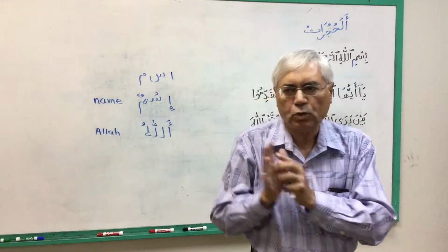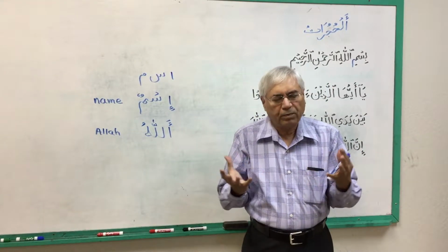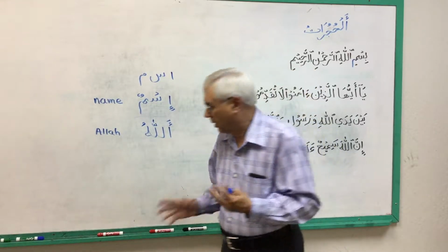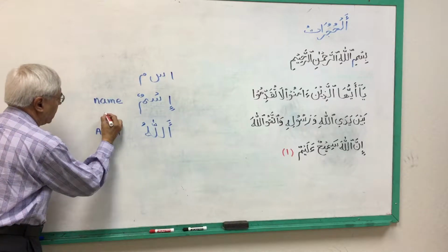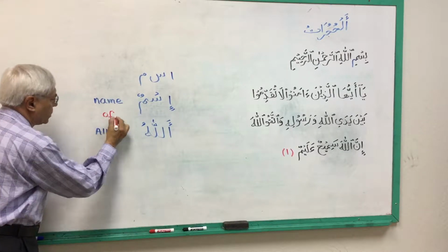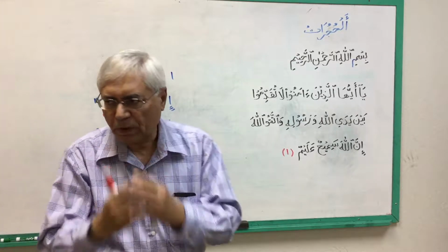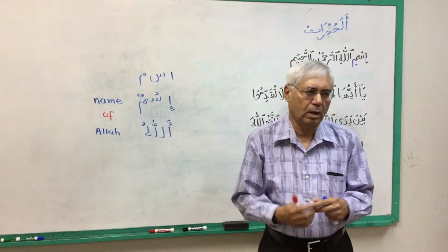Now, these two are independent, separate words. But if you want to make a relationship between these two words, in English, I can simply put a small word between these two: of. So now these two words are connected to one another. Name of Allah.